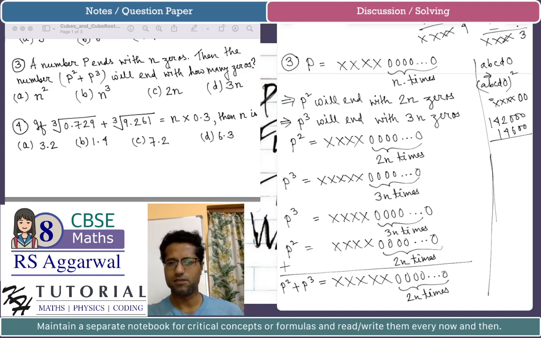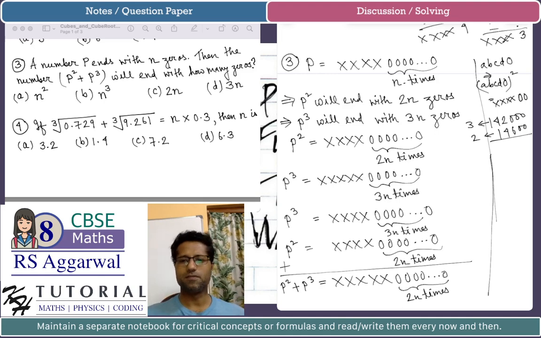So in this case, this number was ending with 3 zeros, and this number was ending with 2 zeros, and so their sum will end with the lesser number of zeros, that is 2. So this is the main concept.